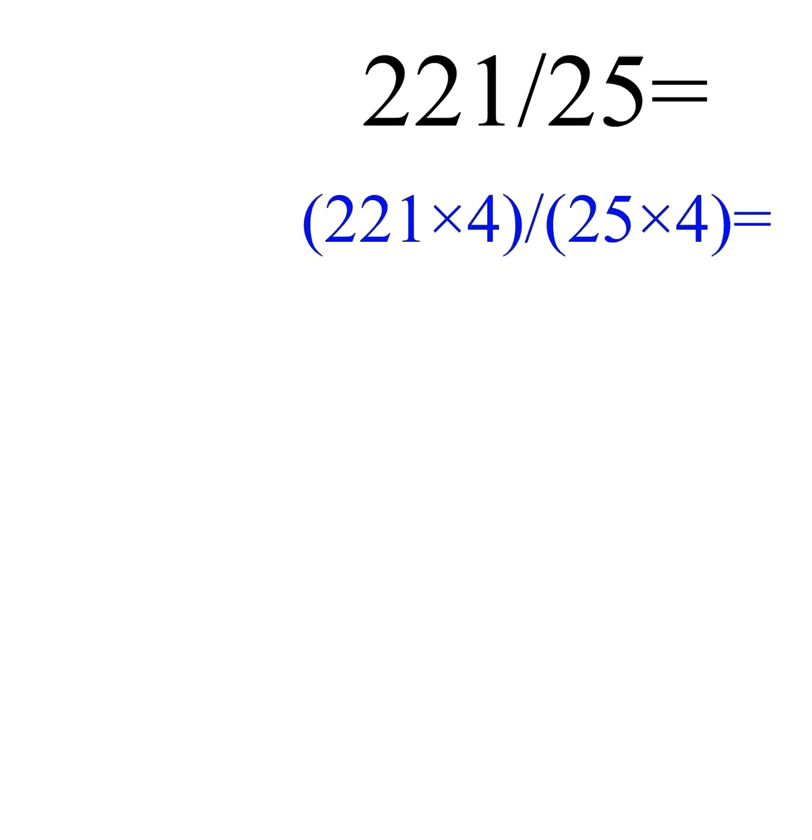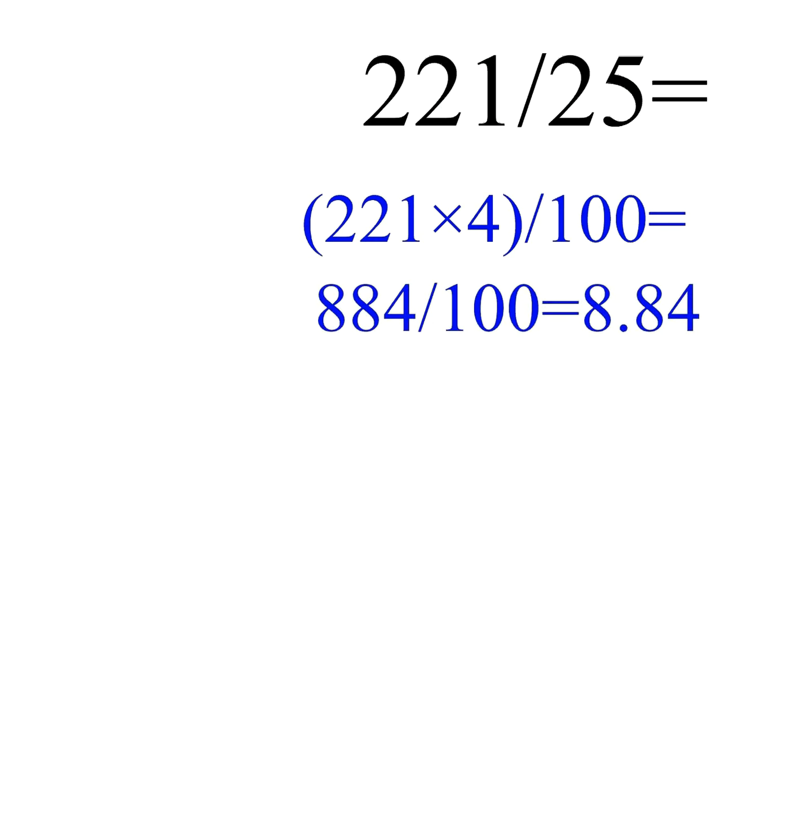And we just turned division by 25 into division by 100, which is way easier, and all we need to do is multiplying the numerator into 4, and that would be 884, and to divide it by 100, we just put the decimal point before the second digit.